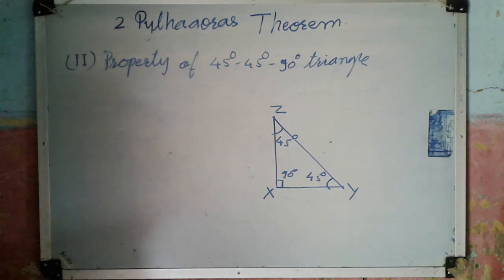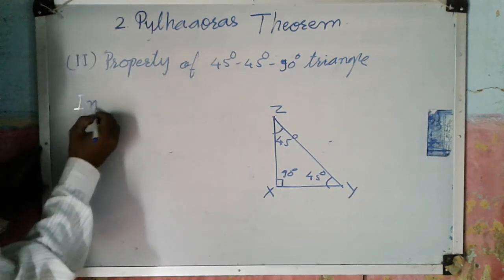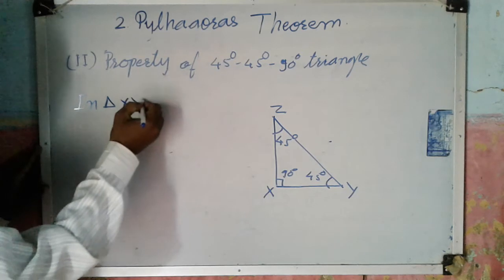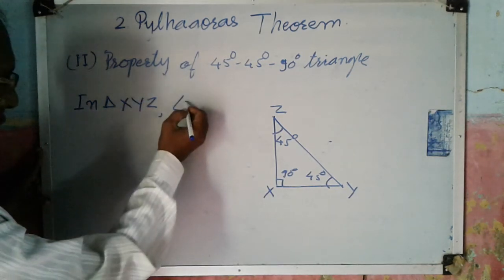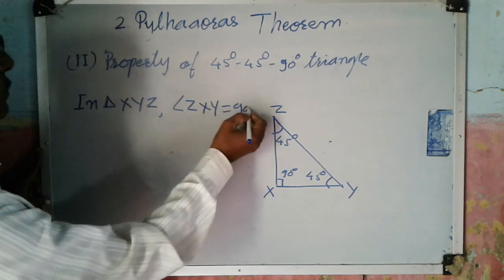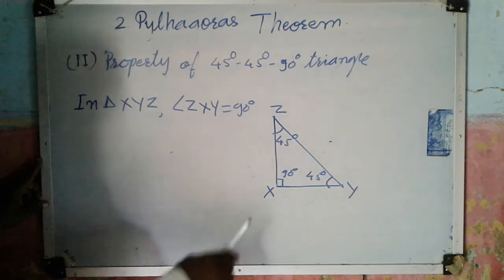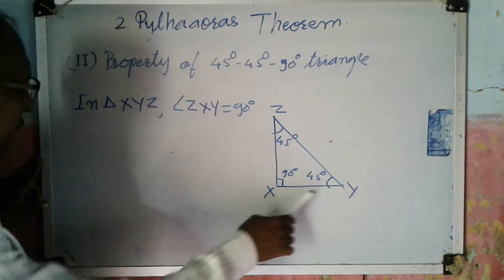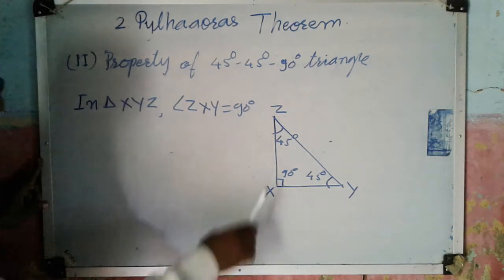That means in this right angle triangle, angle ZXY is equal to 90 degree. XY and XZ are perpendicular sides, and both sides are congruent.